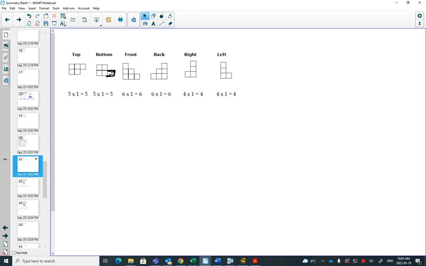So in this one, we ended up with 5, 10, 20, 30 squares.